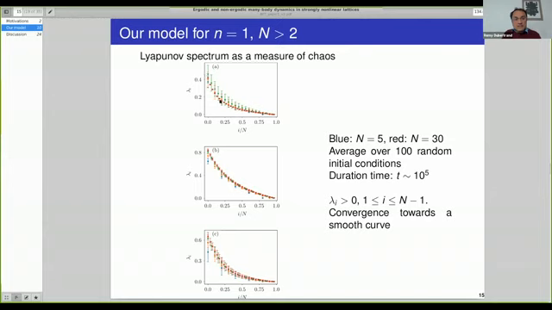And the different colors stand for different sizes of the chain, if you want. And what you can see is that A, B, and C correspond to different values of the parameter h, the energy per site. So when the size of the chain increases, you have a convergence towards a smooth curve, if you look at the red dots.